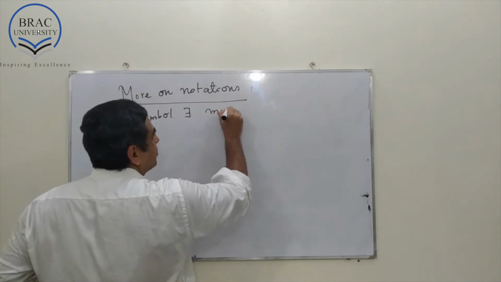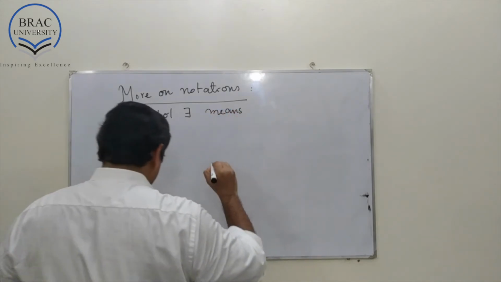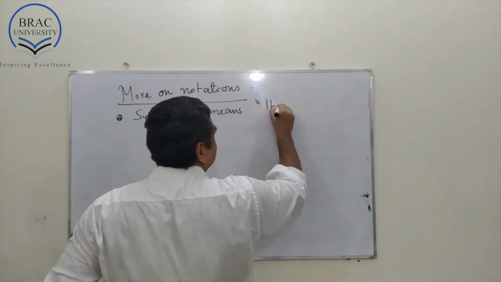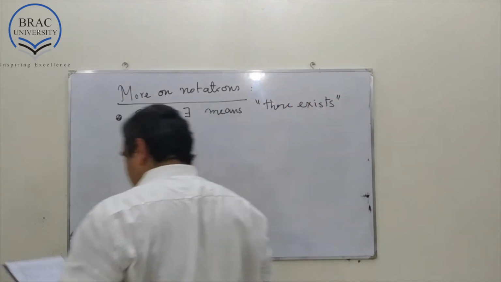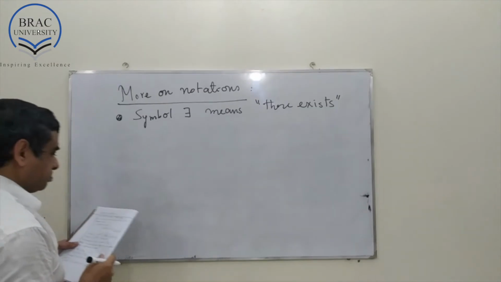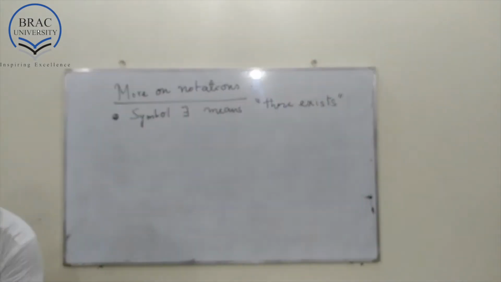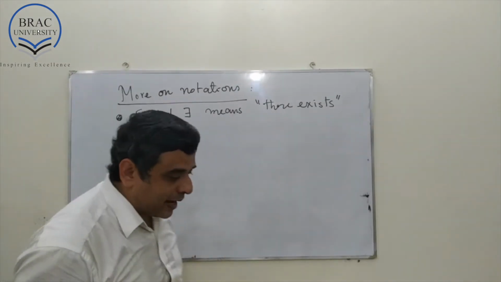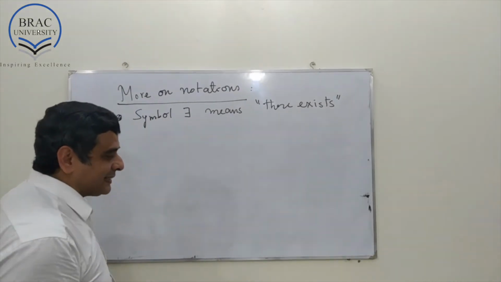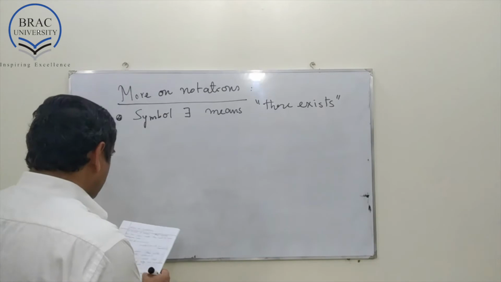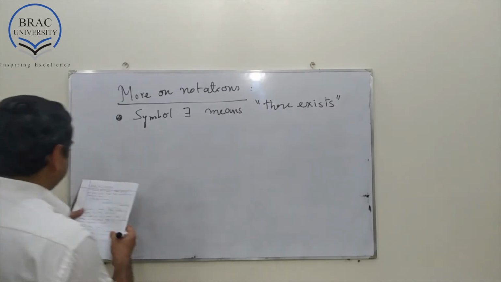We read it as there exists. So we have already dealt with the example of the set of even integers. We can write the set of even integers also in the following way.